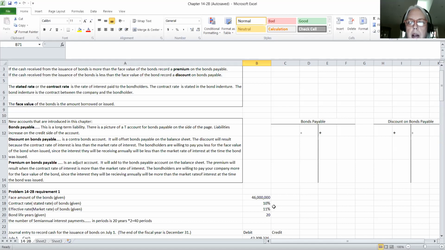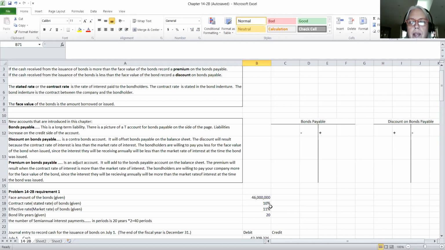And so you might notice in the bond issue that they'll tell you that they're going to pay bond interest semi-annually. So the semi-annual interest rate would be found by dividing 10% by 2.